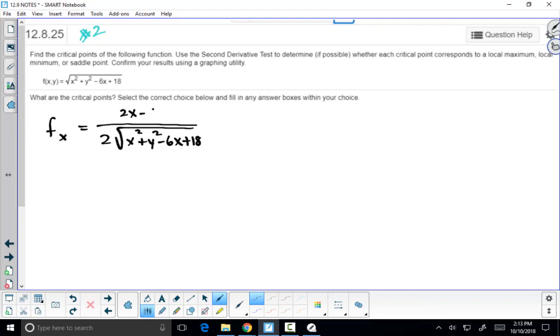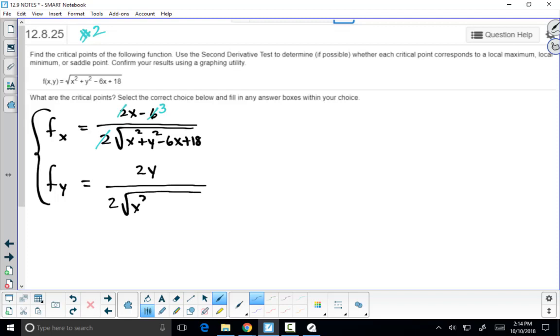We can cancel out the 2s, and that will turn into a 3. Now figure out f sub y, and then ask ourselves where these are simultaneously equal to 0. For f sub y, in the numerator we're going to have a 2y. In the denominator, we have a 1/2, which puts a 2 in the denominator, times that whole thing.